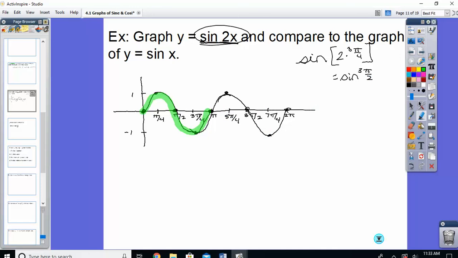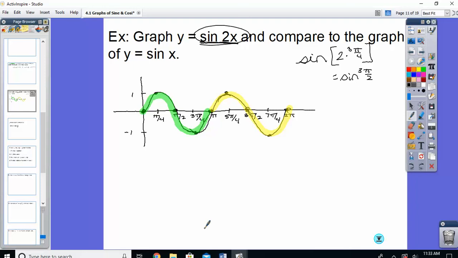So I really have 2, call those periods, 2 periods of sine right there. That 2x took your graph and shrunk it, which is what we talked about when we did transformations. We said things attached to the x do the opposite of what we think. So multiplying your x's by 2 is actually like dividing all those by 2, and it shrinks it in.